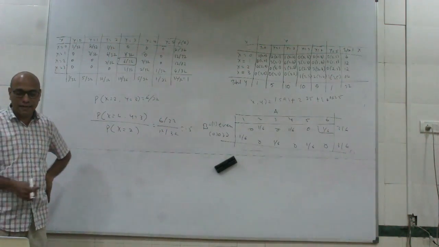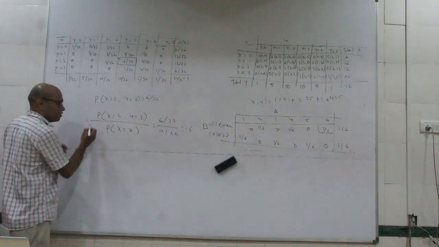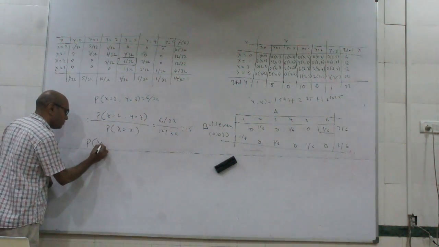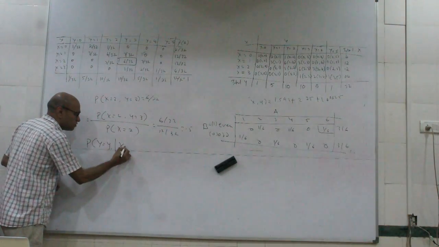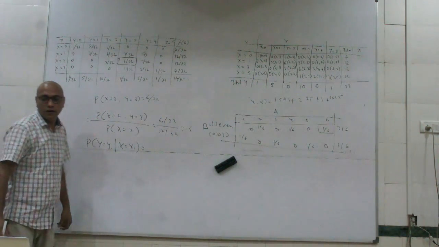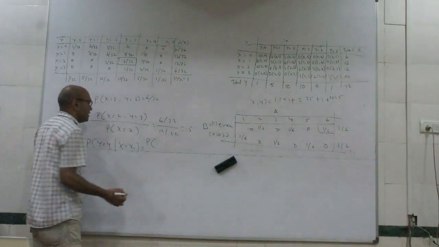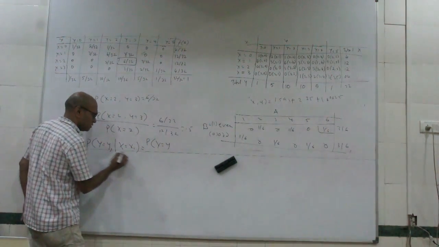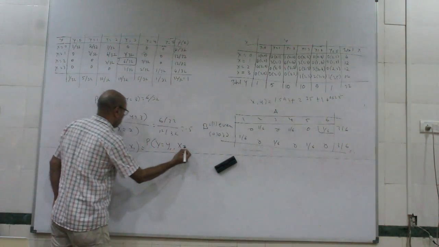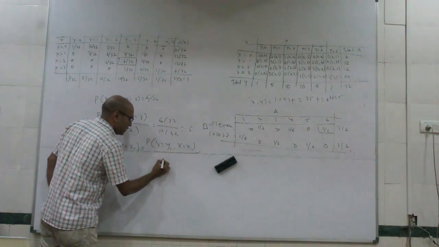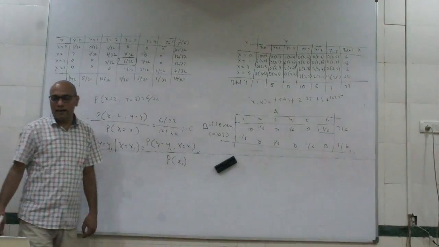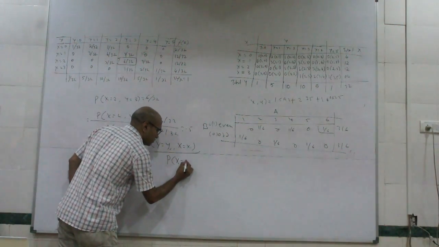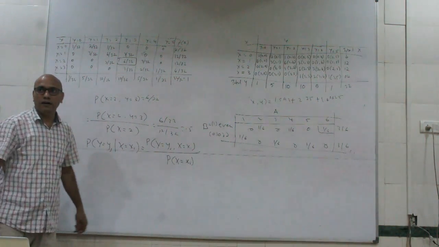So this is my conditional probability: the probability that y takes a value yj, given x has taken a value xi, is expressed as a joint probability, that is, the probability that x takes a value xi, y takes a value yj, divided by the probability that x takes a value xi.